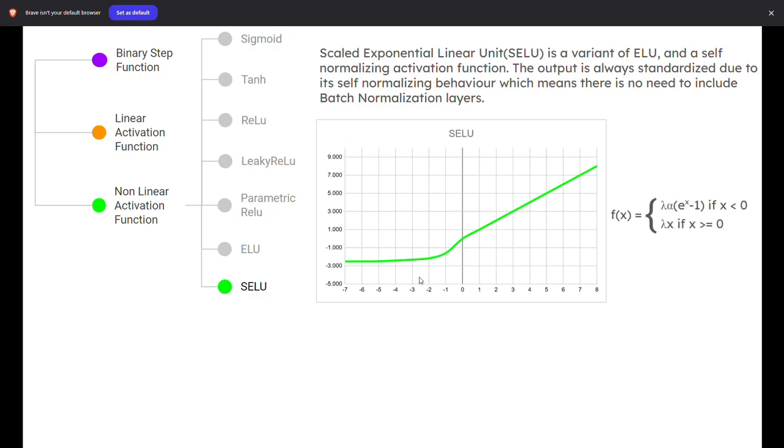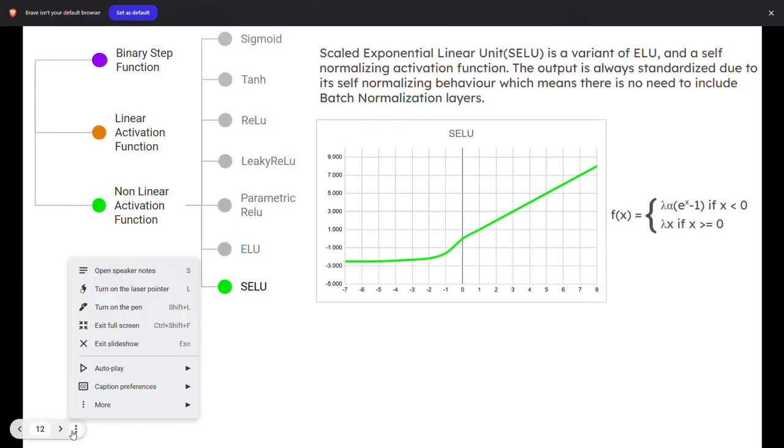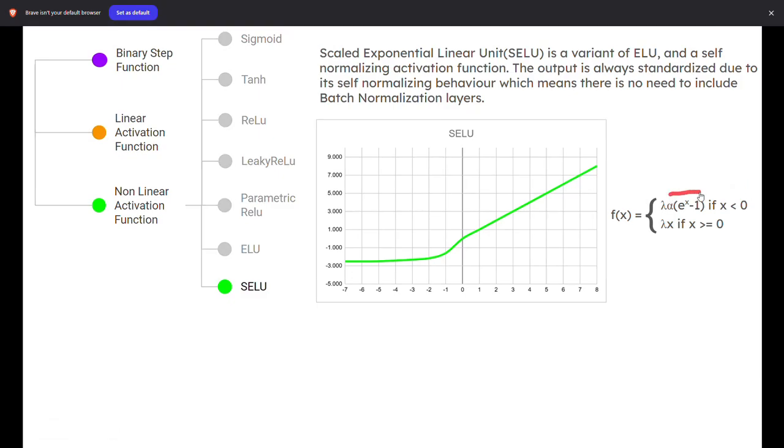So the function will be like this. It has an alpha value and it has a lambda value. You see here, this is basically the exponential linear unit.